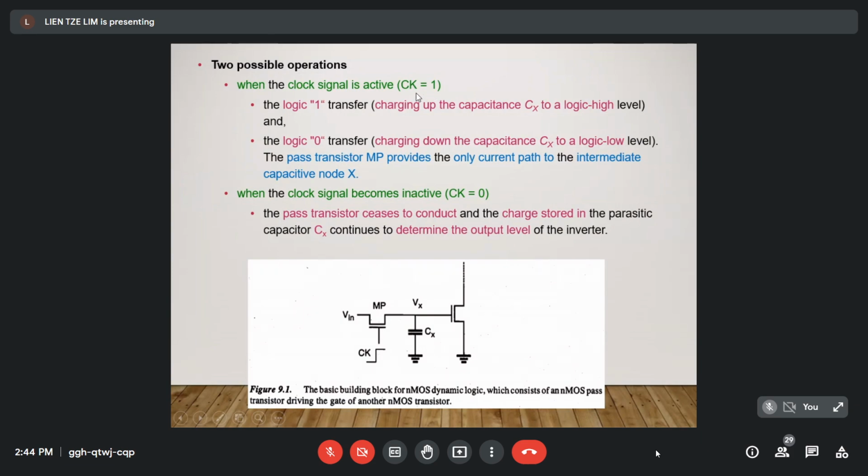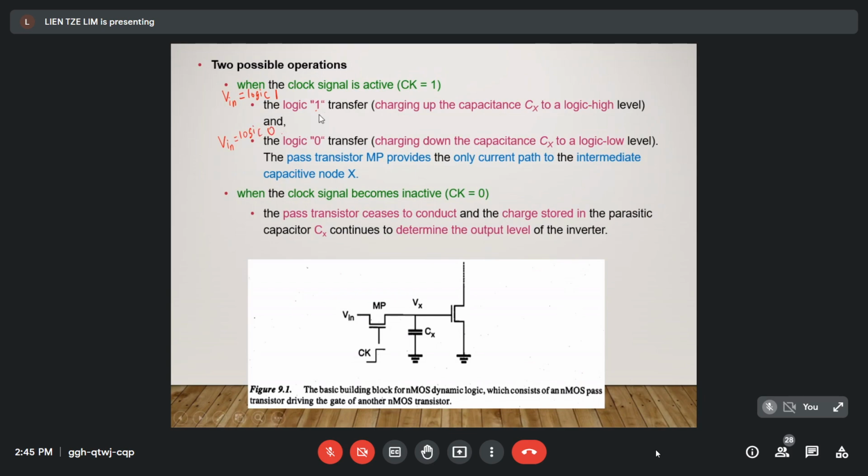When the clock signal is active, there are two possibilities of input, logic 1 or logic 0. This one indicates V in equals logic 1, and this is the case when V in is logic 0.